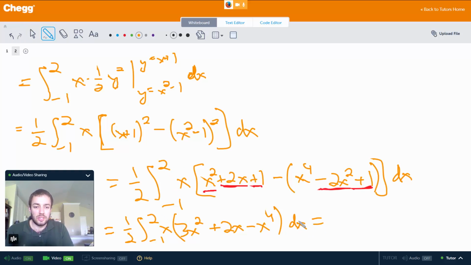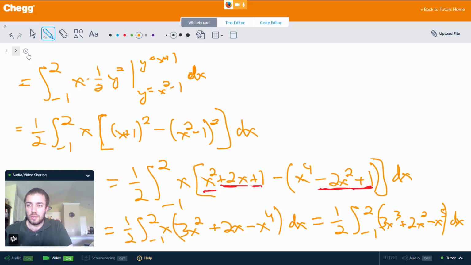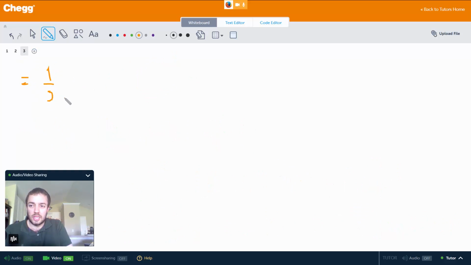Okay, so now we can just distribute the x, and we end up with 1/2 times the integral from -1 to 2 of 3x cubed plus 2x squared minus x to the 5th, and then we've got a dx on all of that.